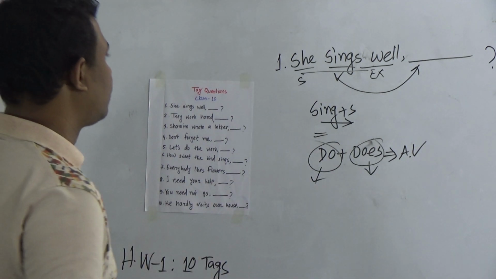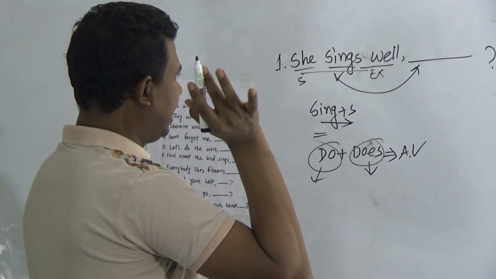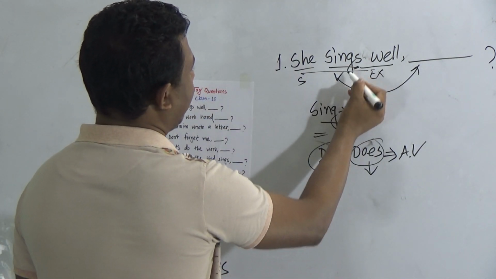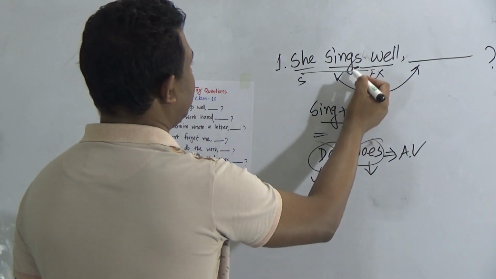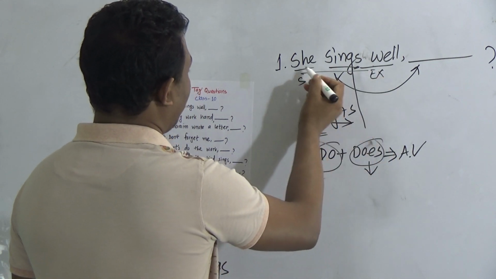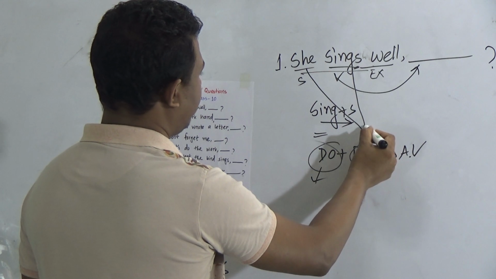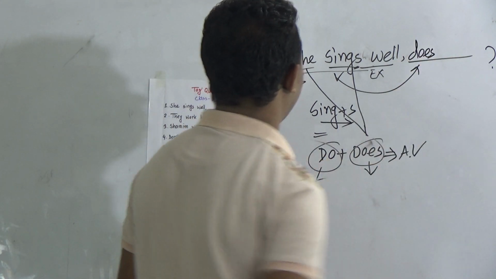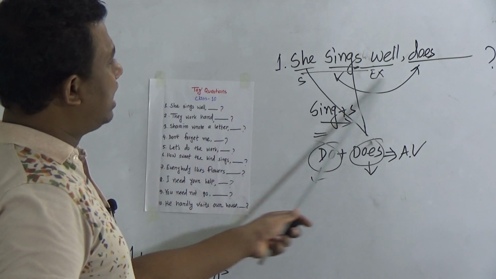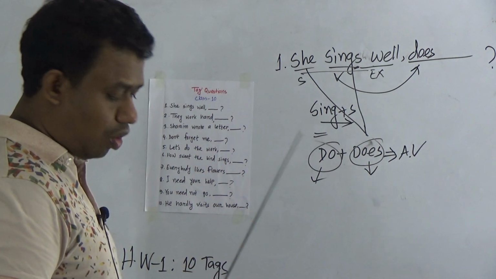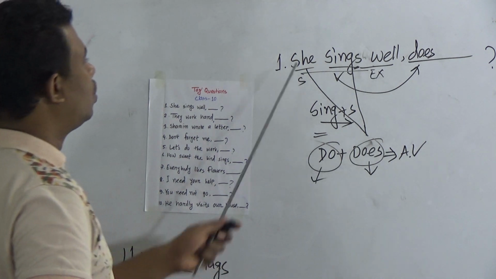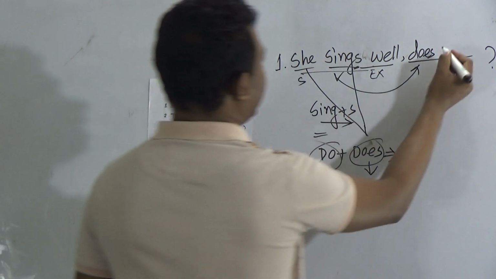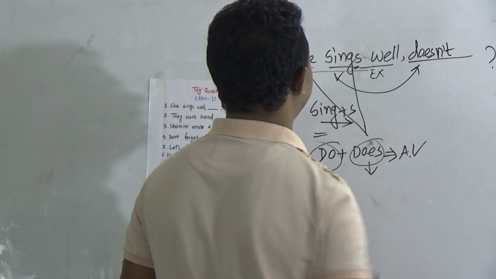Dear students, so it's present indefinite tense, and the verb requires an extra s, and the subject is she, so we have to use does. Okay, then this is an affirmative sentence, so we have to use extra not: doesn't.